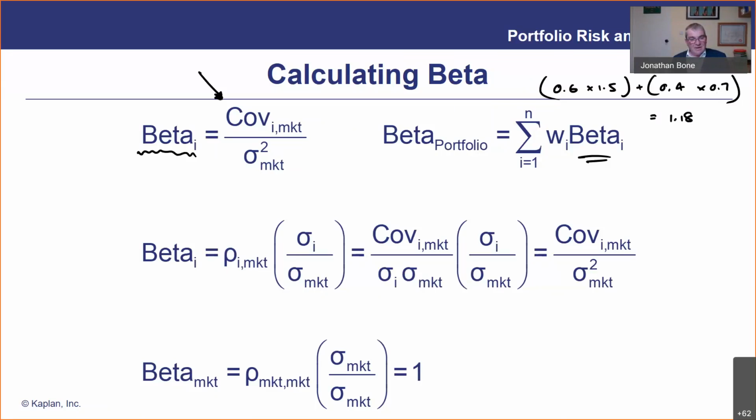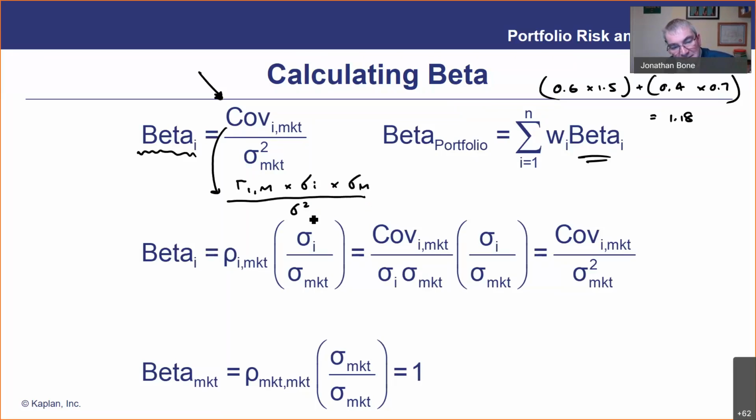Yes, they're trying to link now between beta and correlation. Let's just take this formula here, the covariance of the investment against the market. Now we can write down our numerator as the correlation of the stock against the market times the standard deviation of the stock times the standard deviation of the market, and our denominator is the variance of the market.